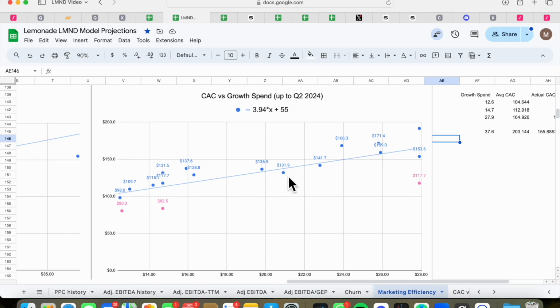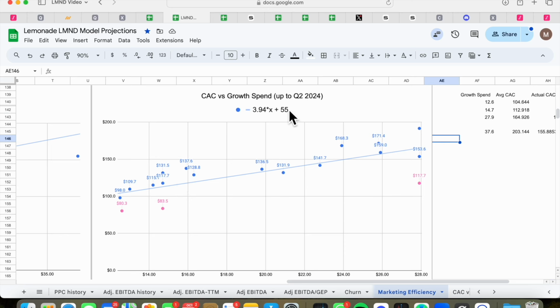Makes sense, because at the lowest end you have the easiest customers to obtain. There's a certain number of customers that would join anyway even if you did no marketing. So they're kind of free customers and everybody else you're paying for. Then as you spend more and want to get more and more people, the low-hanging fruit disappears and it gets more expensive, right? So I plotted that out, and you see this trend line here.